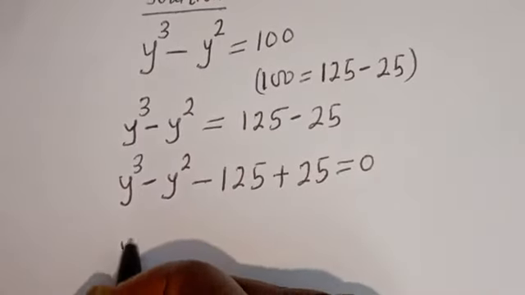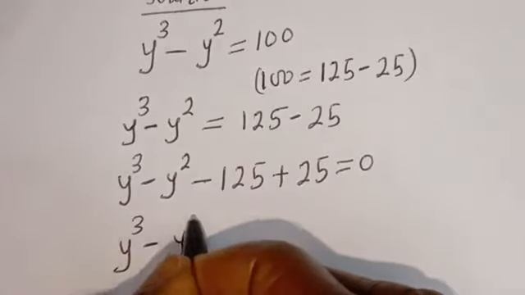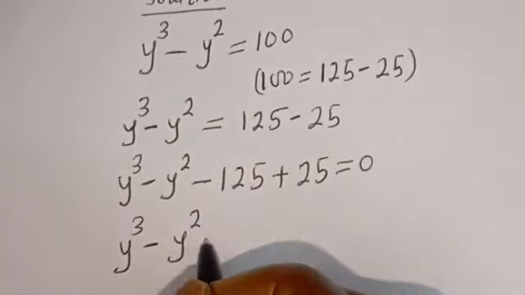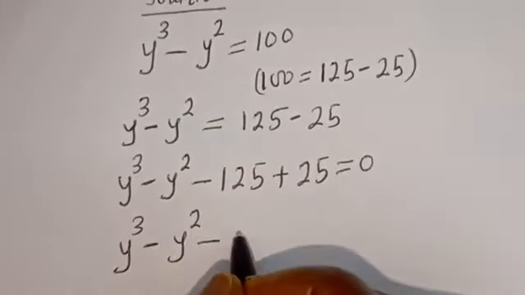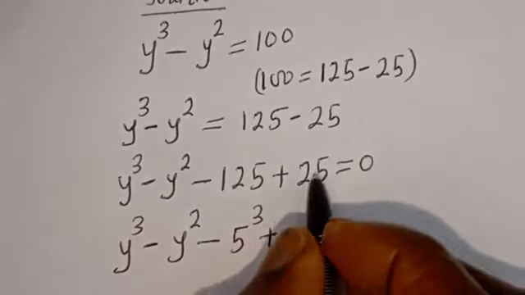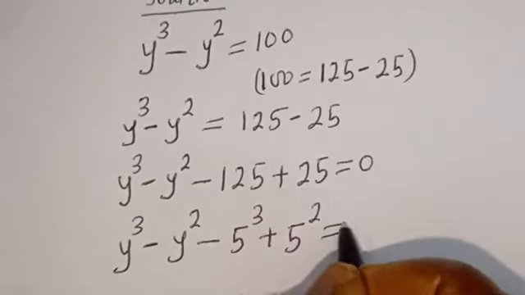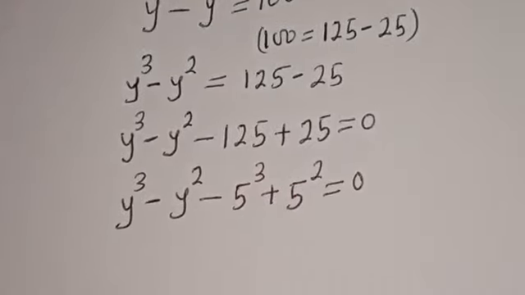This minus 125 can be written as 5 to the power of 3, plus this 25 can be written as 5 square, is equal to 0.